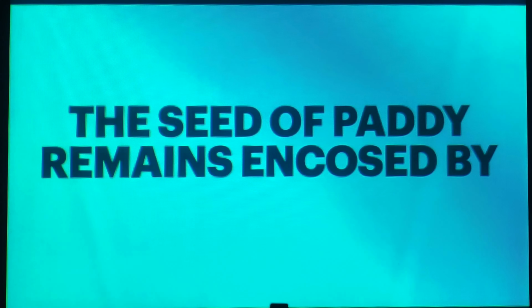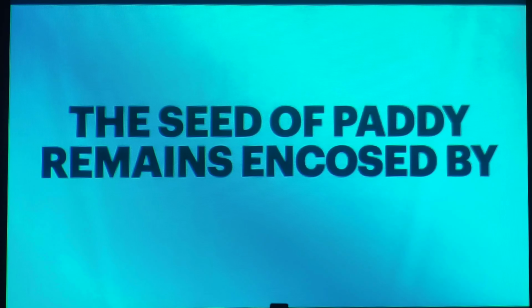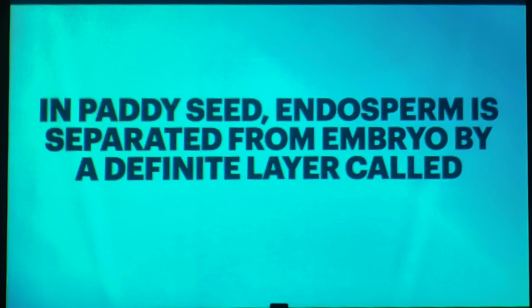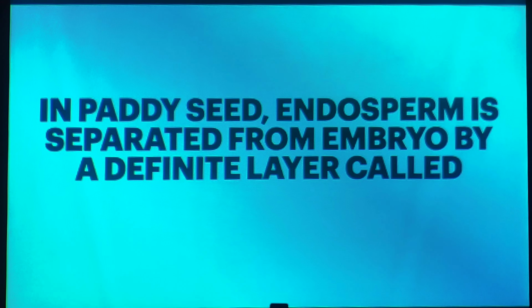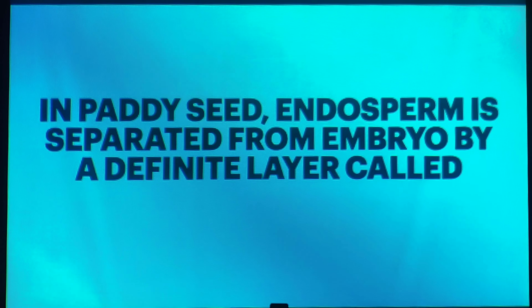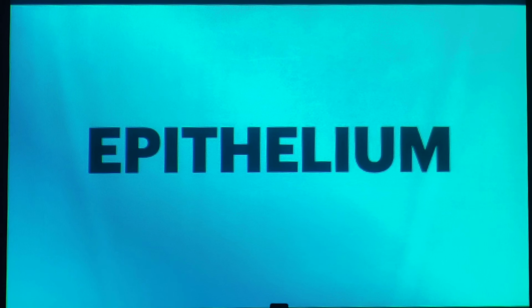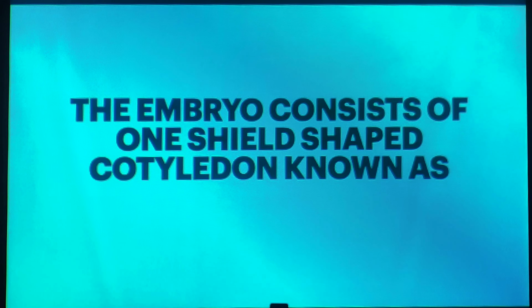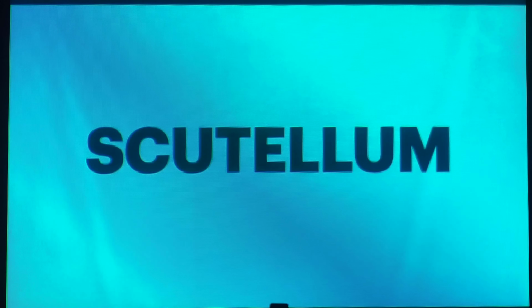caryopsis. The seed of paddy remains enclosed by brownish husk. In paddy seed, endosperm is separated from embryo by definite layer called epithelium. The embryo consists of one shield-shaped cotyledon known as scutellum.